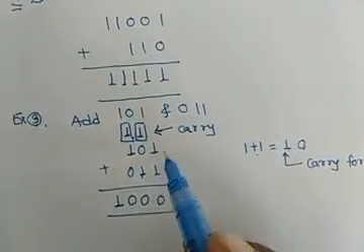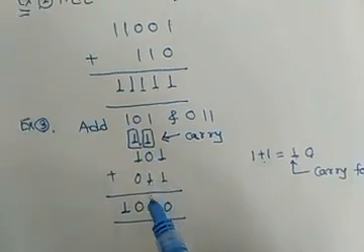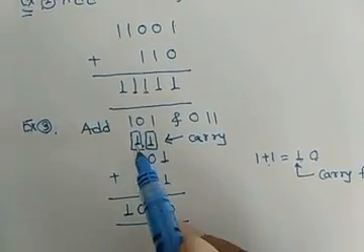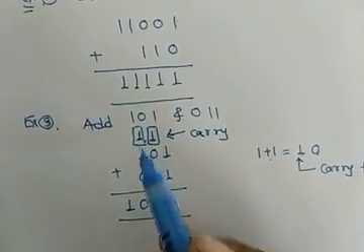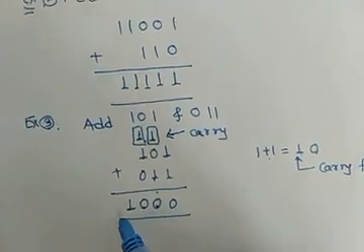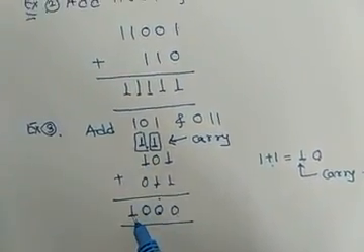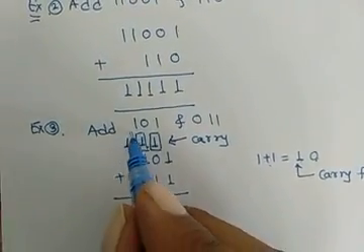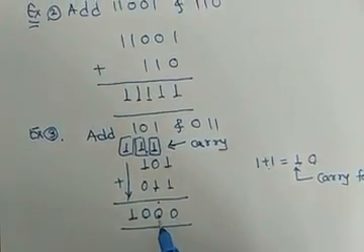We write 0 and 1 is our carry number. Again 1 plus 1 is 10, so again we write 0 and carry is 1. Again 1 plus 1 is 10, and here no bit is there, so we write here directly 1, and you can write it as directly 100.